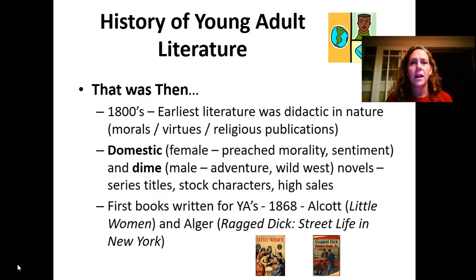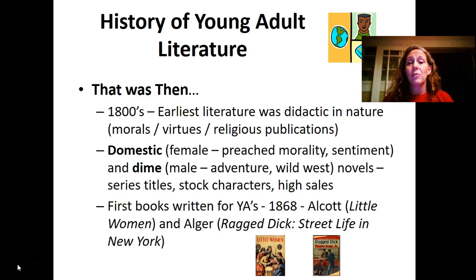All right, so you have a history of young adult literature. In the past, it was very didactic. The 1800s, the earliest literature for young people was very pedantic, moralistic. It talks about religion or good behavior, a lot of times in religious publications. For girls, you have domestic focus with morality.